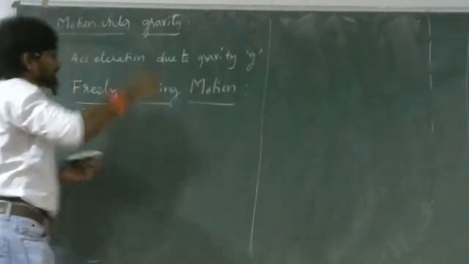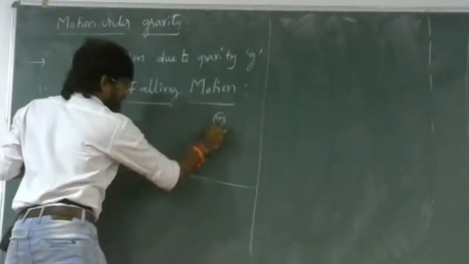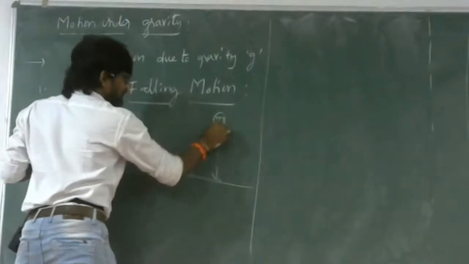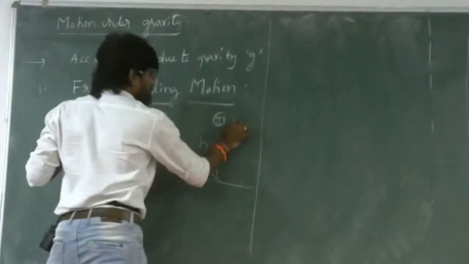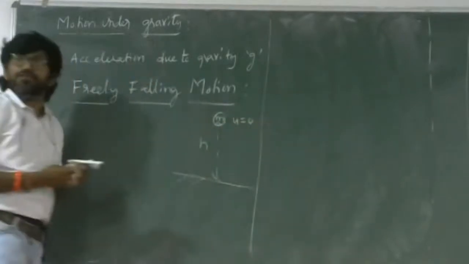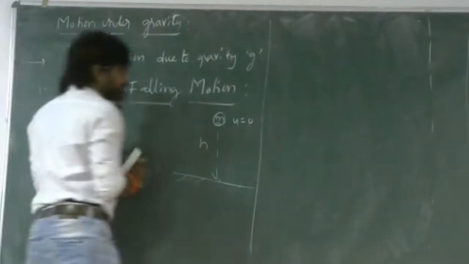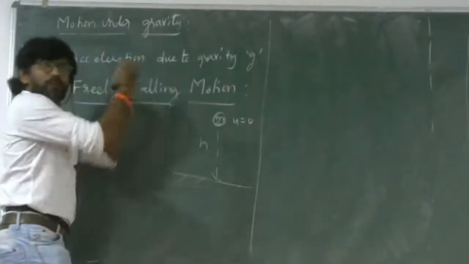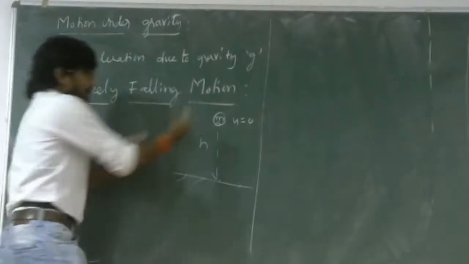If your body of mass m is initially at some height h from the ground, and you drop it with initial velocity 0, then because Earth is pulling with its gravitational force, it tries to fall.